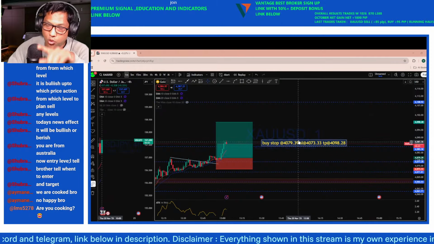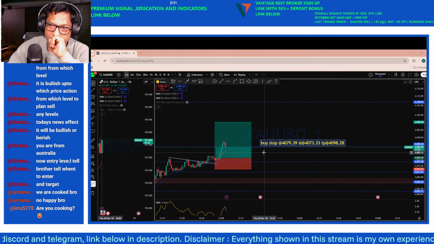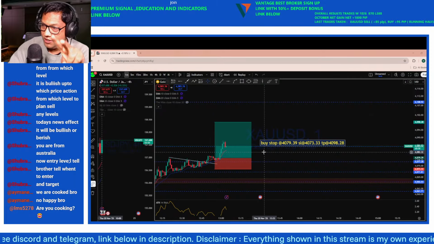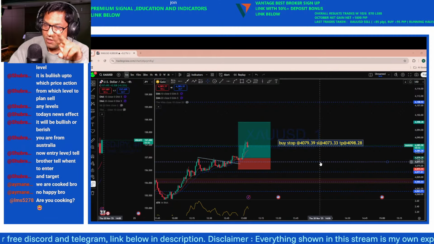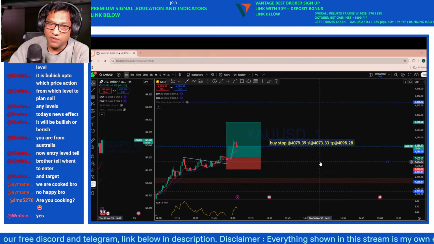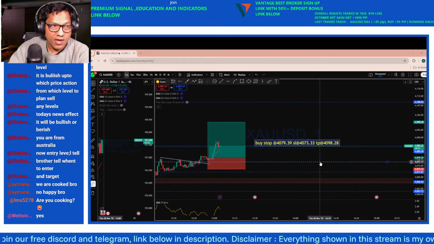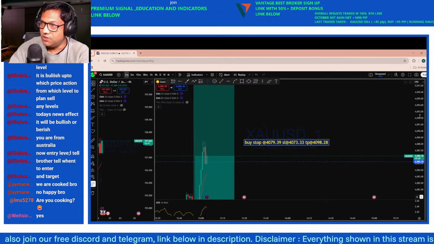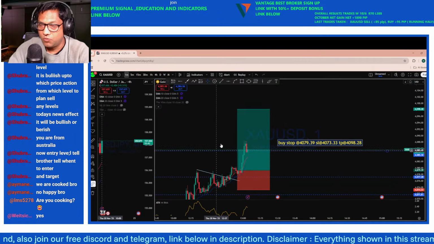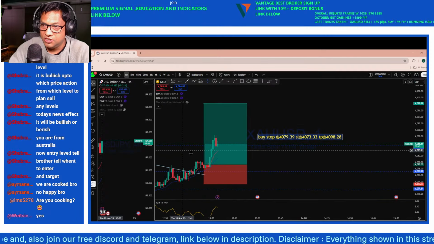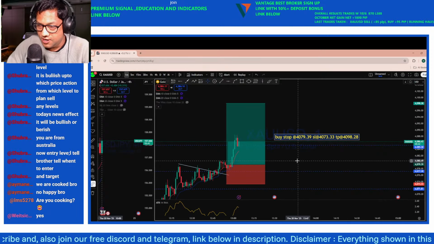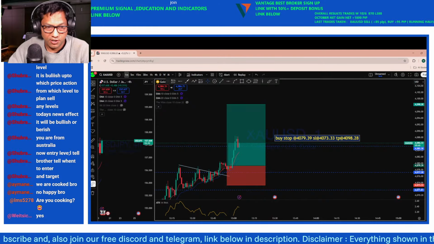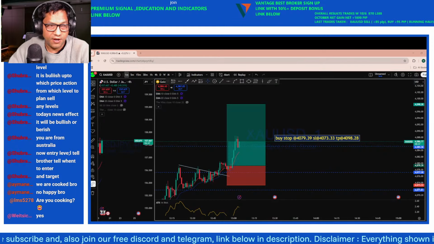Now, what we are looking at here, before NFP, we still have 25 minutes, right? There might be some false breakdown now, and then once the false breakdown is done, we might see that liquidity grab again here.